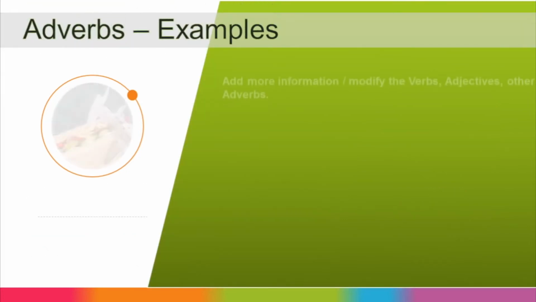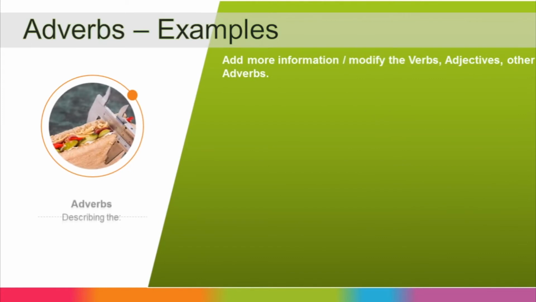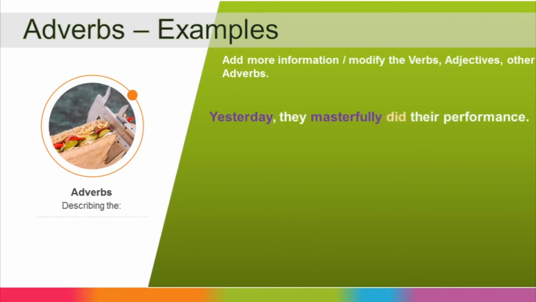Now let us talk about some examples of these adverbs in a sentence. Adverbs add more information, modify the verbs, adjectives, or other adverbs. As in this example, yesterday they masterfully did their performance. Now you know that did is a verb, the main verb of this sentence. Now why is it that this is actually put in a past form? It is because we have the adverb of time here, yesterday, that shows us the time, so that the verb here is actually made into a past form.